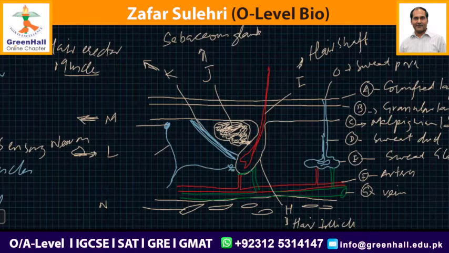Just writing nerve ending is not sufficient. You should write receptor. Though nerve ending is not wrong, actually this is a receptor. And what is N?